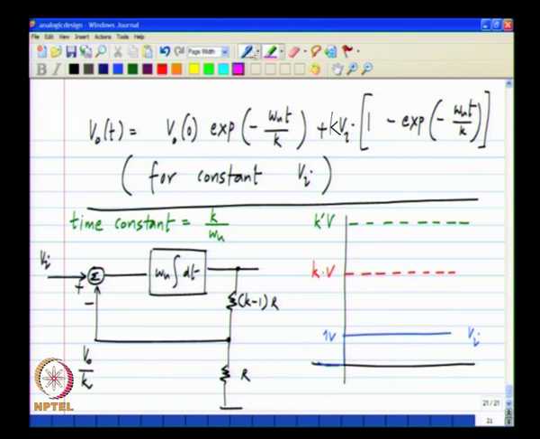As we discussed a few minutes before, the output starts ramping up at a rate which is omega u times the size of the input step, and the input step is 1 volt. So, the slope is simply omega u volts per second.